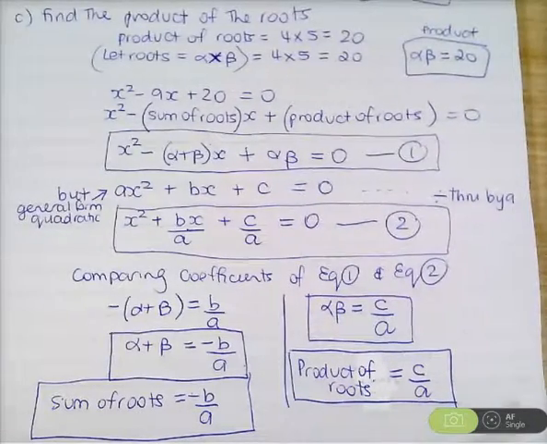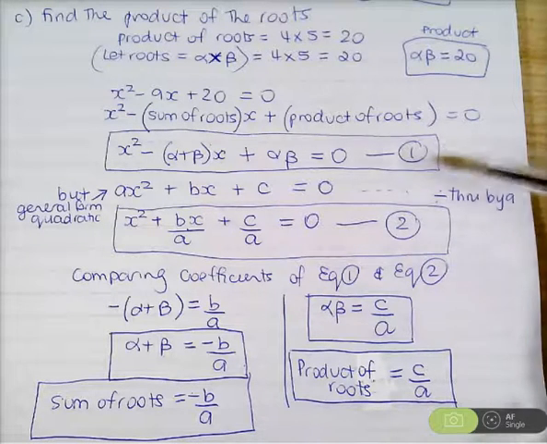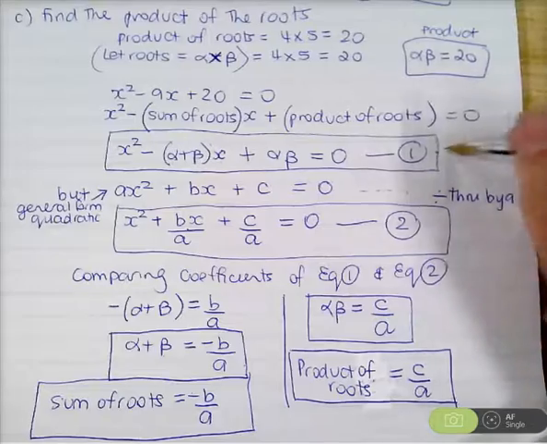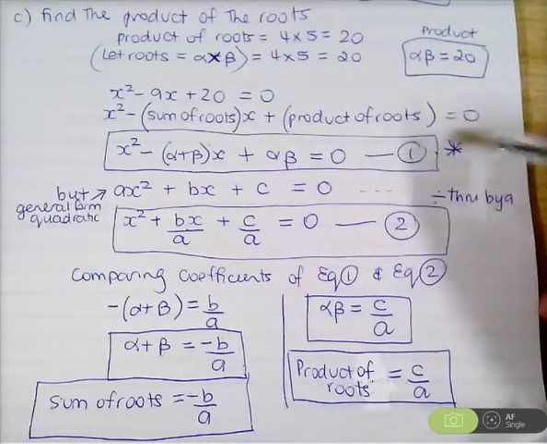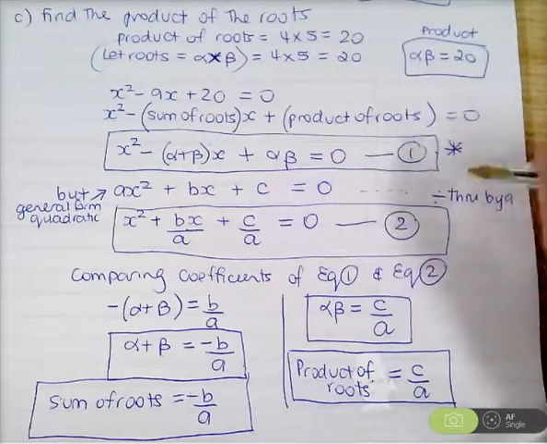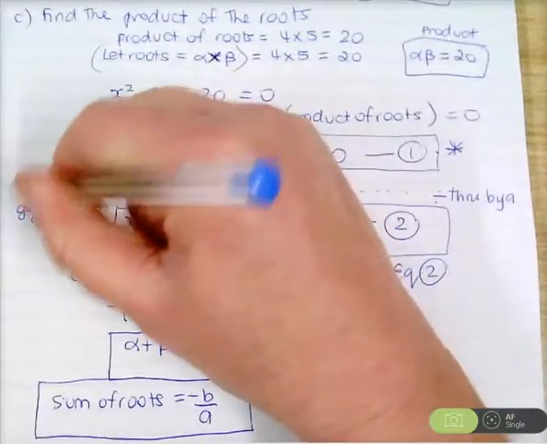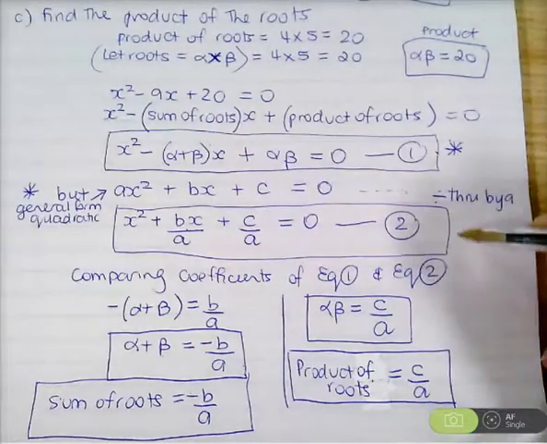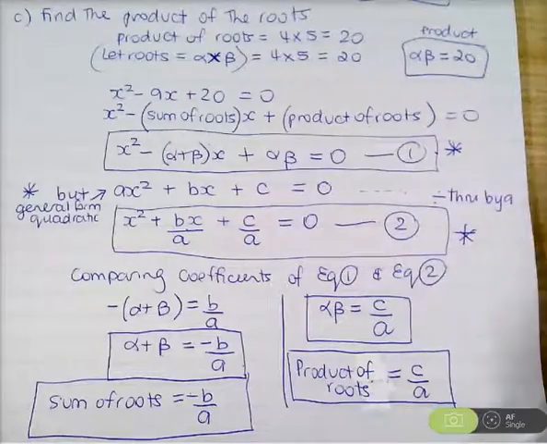So those things in the boxes, I need you to know this, number 1, that quadratics can be written like that. Also, you should know the general form of a quadratic, and you should know this other starred form of a quadratic.